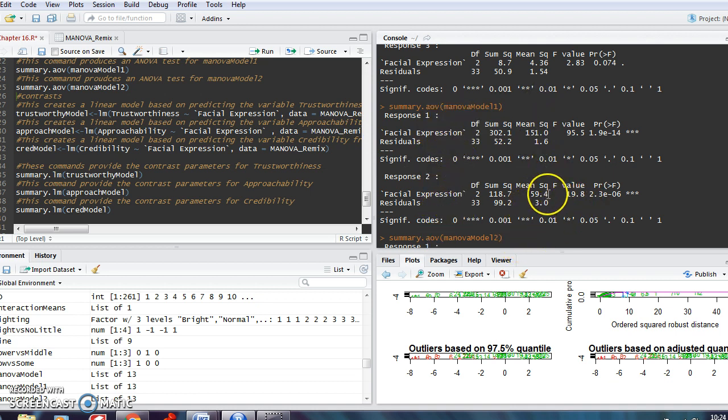So we see that there are significant differences between groups, between your facial expressions, for trustworthiness and approachability.